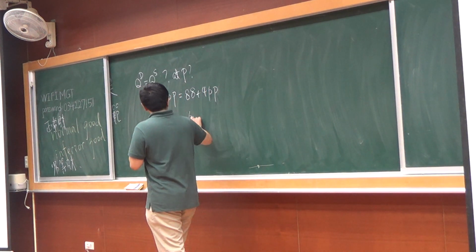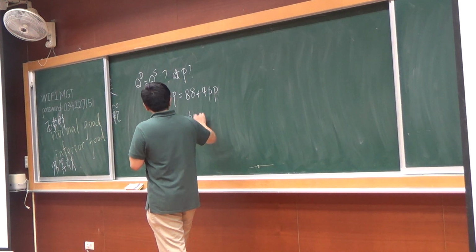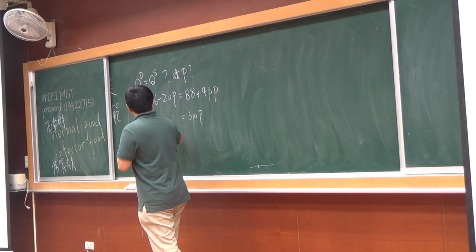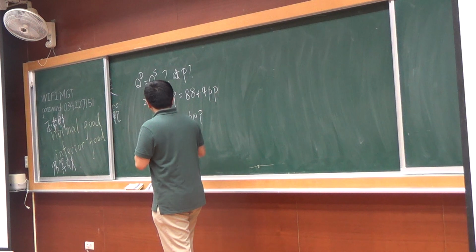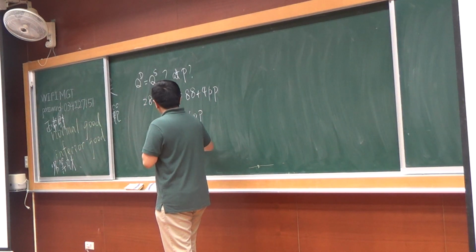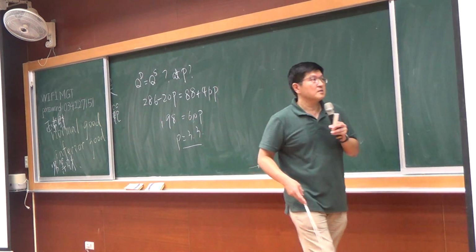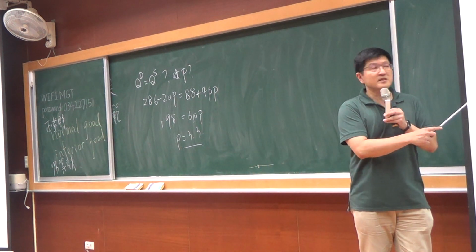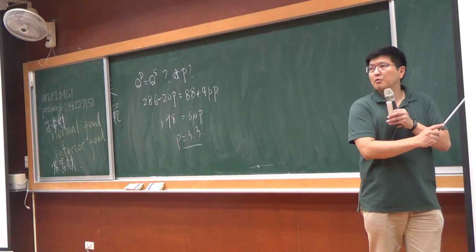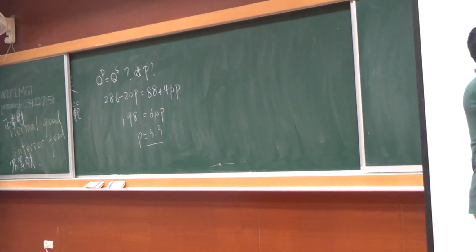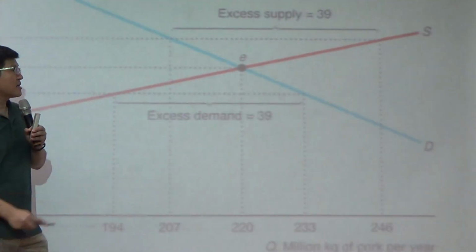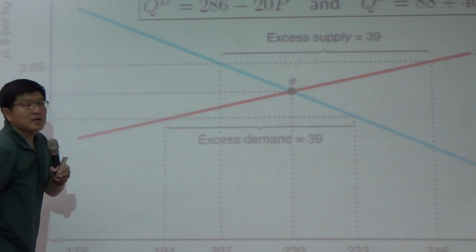Then it's 60p on the right and 198 on the left. So P equals 3.3, right? So it's easy to find the equilibrium price, and you replace 3.3 back into the demand curve or the supply curve, we will get 220.